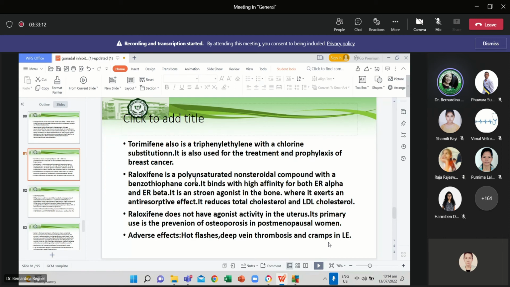It is a strong agonist in the bone where it exerts an anti-resorptive effect, so it is used for osteoporosis. It reduces total cholesterol and LDL cholesterol. Raloxifene does not have agonist activity in the uterus. Its primary use is the prevention of osteoporosis in postmenopausal women. Adverse effects: hot flashes, deep vein thrombosis, and cramps in the lower extremities.